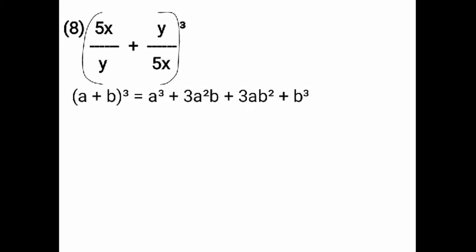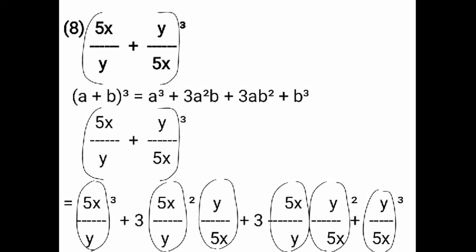Question: what is given, write it again in this form and finally solve. 5x upon y plus y upon 5x the whole cube is equal to 5x upon y cube plus 3 into 5x upon y square into y upon 5x plus 3 into 5x upon y into y upon 5x square plus y upon 5x cube. This is a cube, this is 3a square b, this is 3ab square and this is b cube.